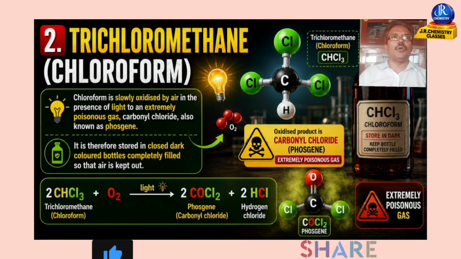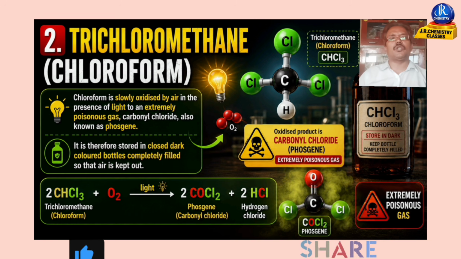Chloroform is slowly oxidized by air in the presence of light to an extremely poisonous gas, carbonyl chloride, also known as phosgene.